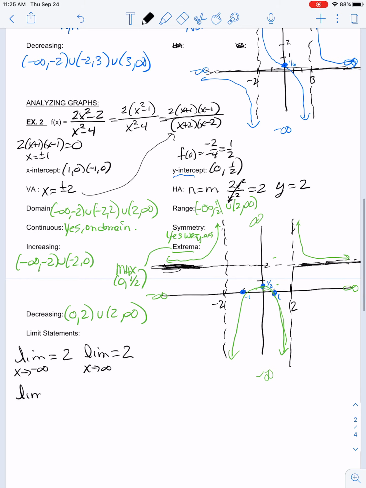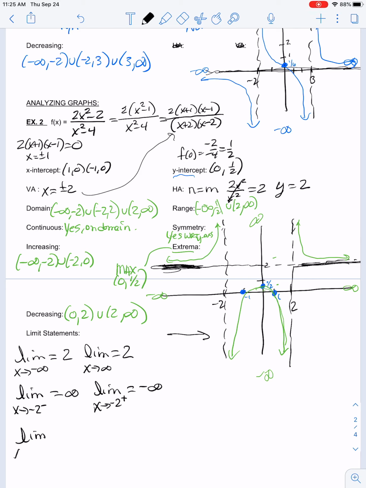Then let's go the other way. As we're approaching negative 2 from the left, our graph is going to infinity. As we're approaching negative 2 from the right, we are going to negative infinity. Two more.